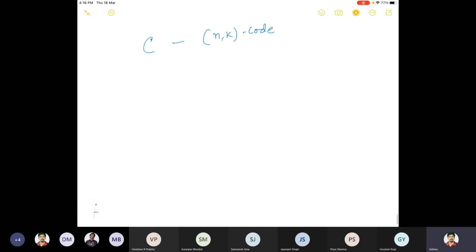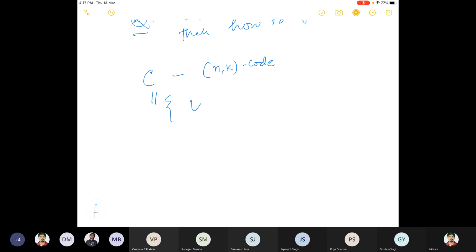So we have an (n, k) code, and then how many code words are there? Let's say 2 to the power k. So v1, v2, up to v_{2^k}, these are the code words.